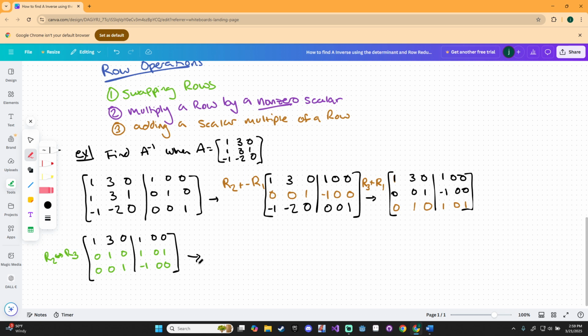So our last thing that we need to do here is we just need to get rid of this 3, because everything else looks like the identity matrix besides this 3. So we're going to go back to our adding a scalar of multiple rows, and we're going to change this first row, so we're going to write R1, and then we're going to use R2 plus negative 3 R2.